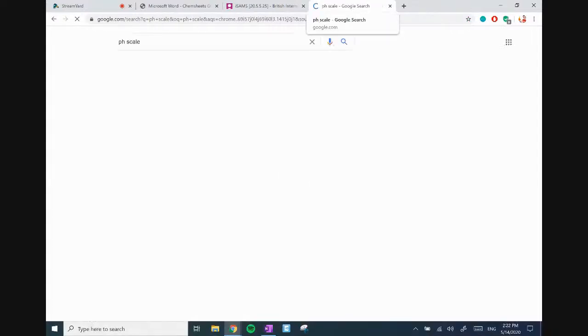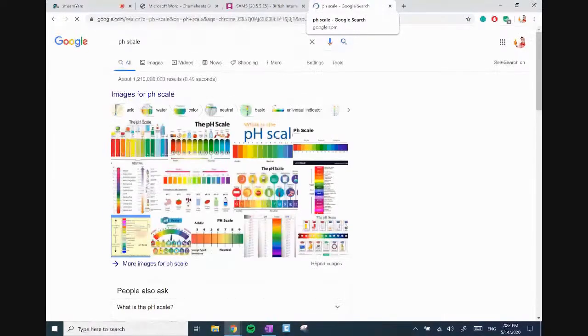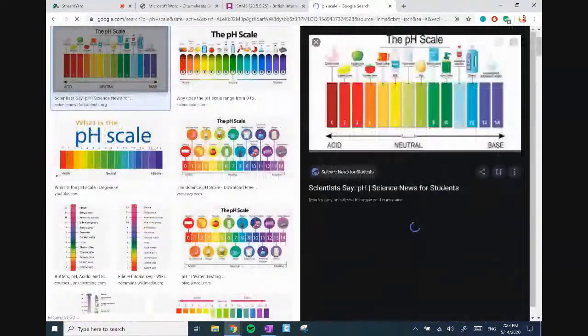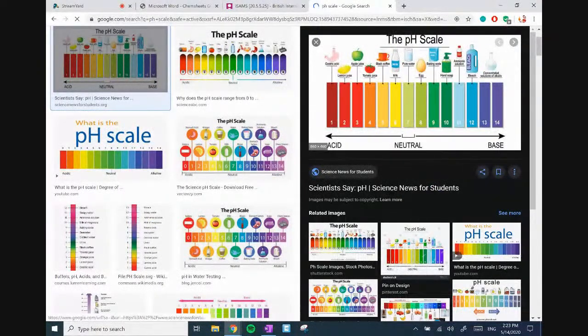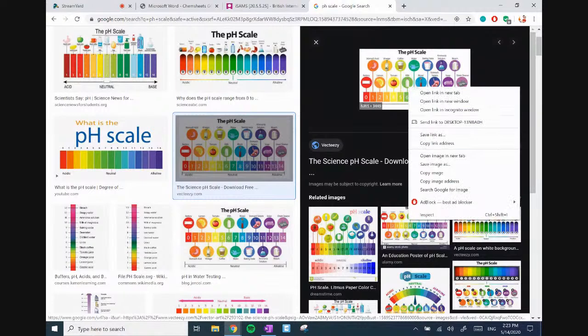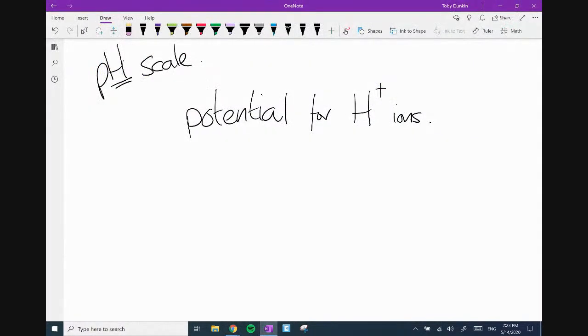We love the pH scale in year 7. It's just all the fun practicals and mixing stuff to make colors. It literally is like the kids' favorite practical ever. Look, it goes from 1, and then some go from 0. But in reality, we all know. Anyway, I'll stop talking. So, just a quick picture I'll paste in there.